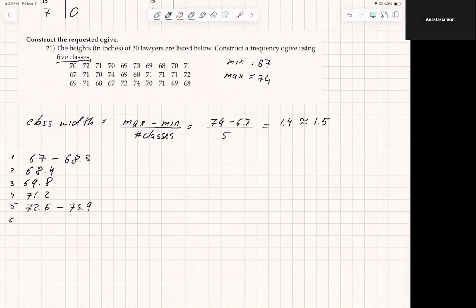If all of the values are assigned to the classes, that's fine, right? So this one will not work. Now let's start with the one that I think might work, right? So we start with 67. And now instead of adding 1.4, we will add 1.5, because we choose this to be our class width.